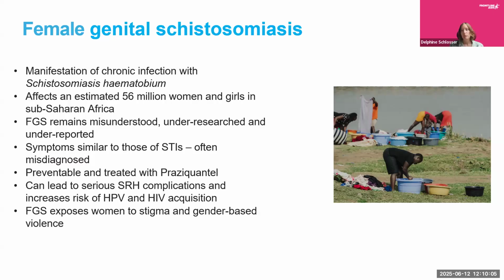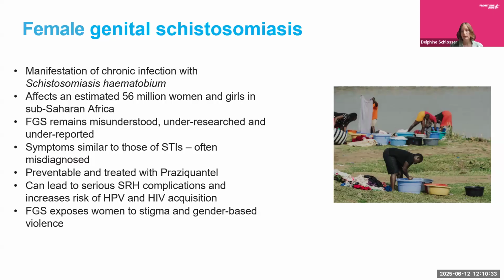But again, because FGS is quite poorly understood and the symptoms are very similar to those of STIs, it's often misdiagnosed as an STI. And therefore, women are not treated with the right medication. And unfortunately, if it's left untreated, FGS can lead to very serious sexual and reproductive health complications, including ectopic pregnancy, miscarriage, infertility.